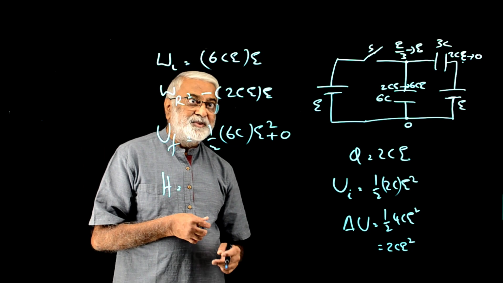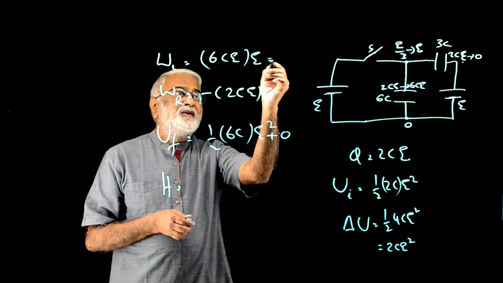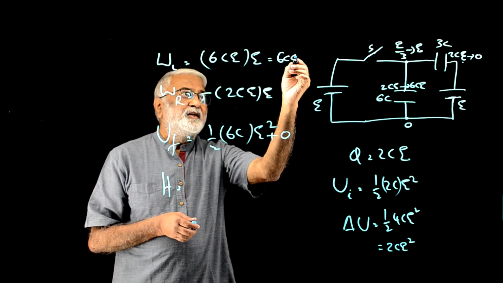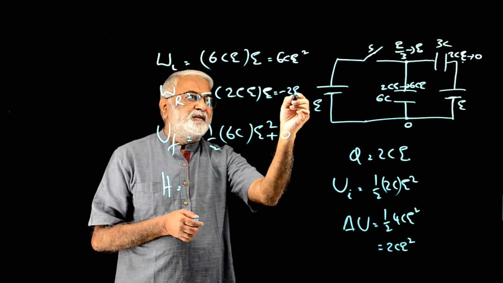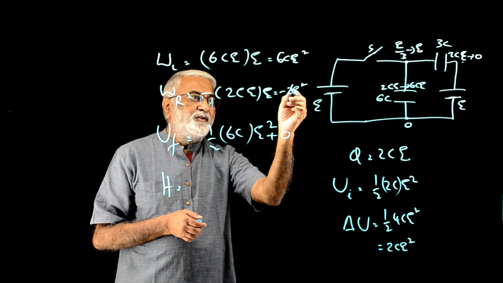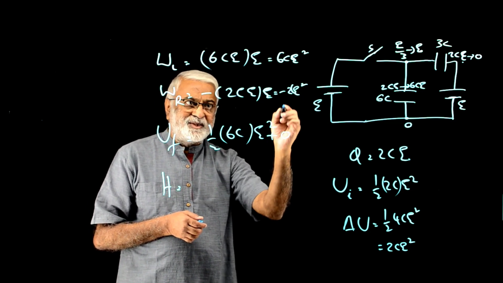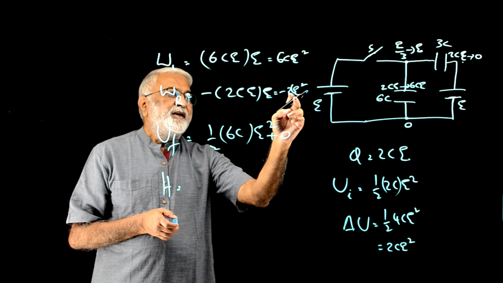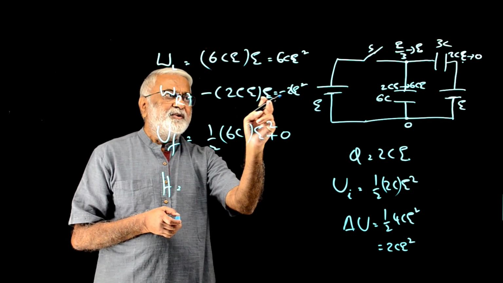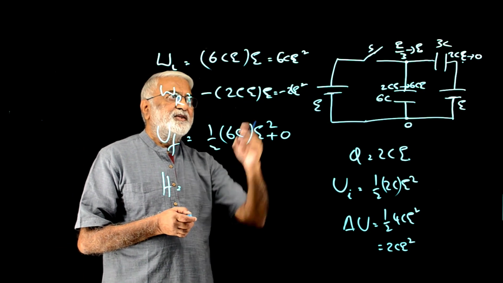So that will be 2C squared, and here you can see work done is what? 6C squared, and this is minus 2C squared. So work done is 4C squared. This is 2C squared. Excuse my bad handwriting there. This minus 2E, this is 2C into E, right? Minus 2C squared. That's 4C squared.